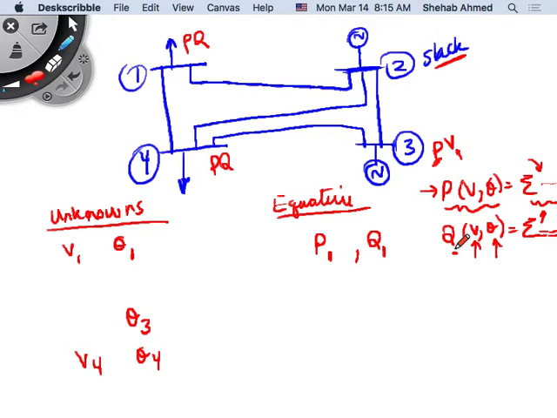So I cannot use that equation, because only if you know the left-hand side can you use this equality to keep guessing values for the variables that you don't know at that bus. So at a PV bus, I can only use one equation.